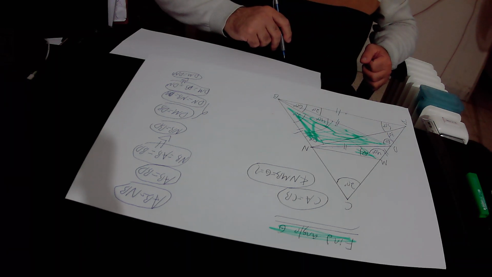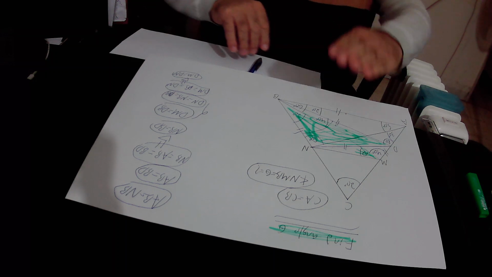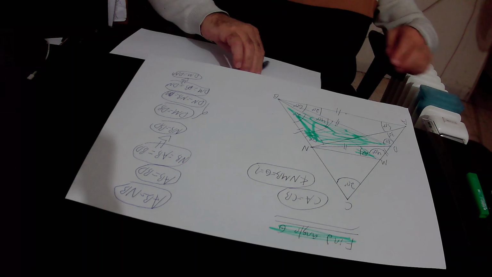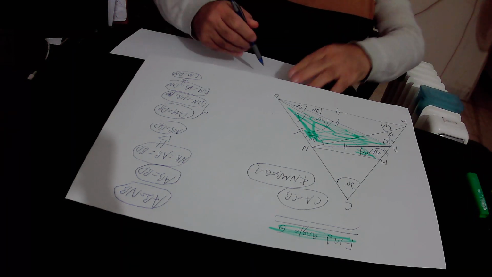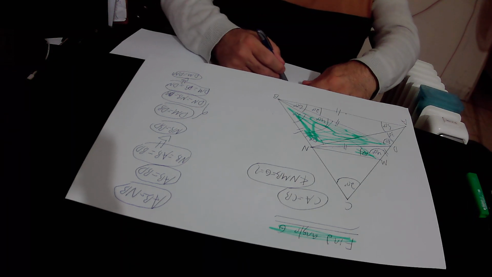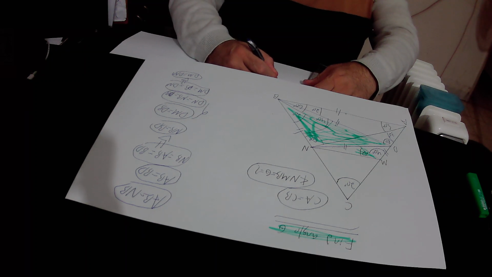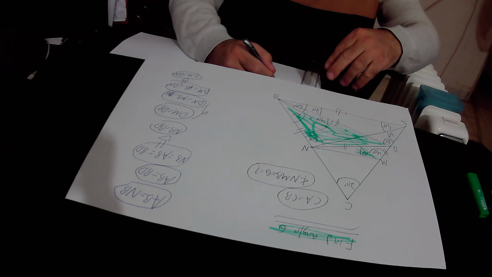Okay. In the next step, we focus on the straight line CA. On this side of the straight line CA is point D. So, which angles do we have on this side of CA at point D?